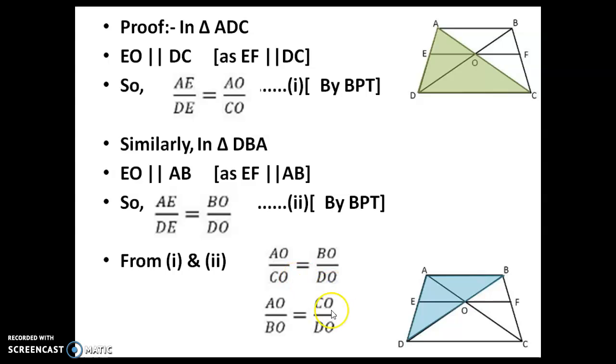But our required proof is AO by BO, so just bring this BO here and CO there. That's the required proof. Hence the proof. Understood, children? We start with this green color triangle and one more with this blue color triangle, then equating both and cross multiplying, we get the answer. Hence it is proved.